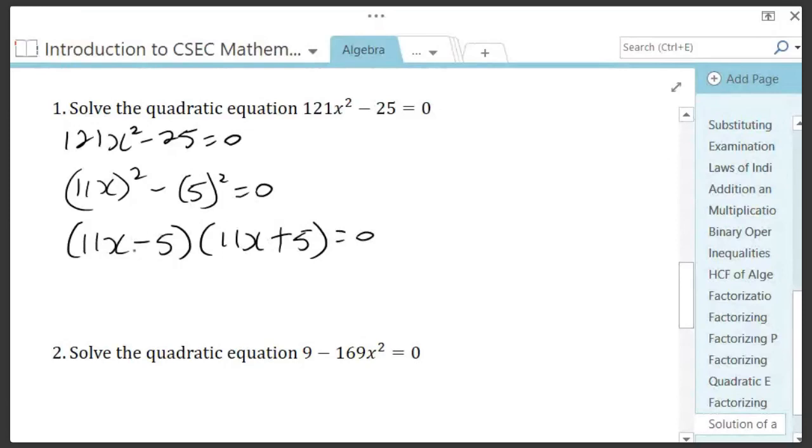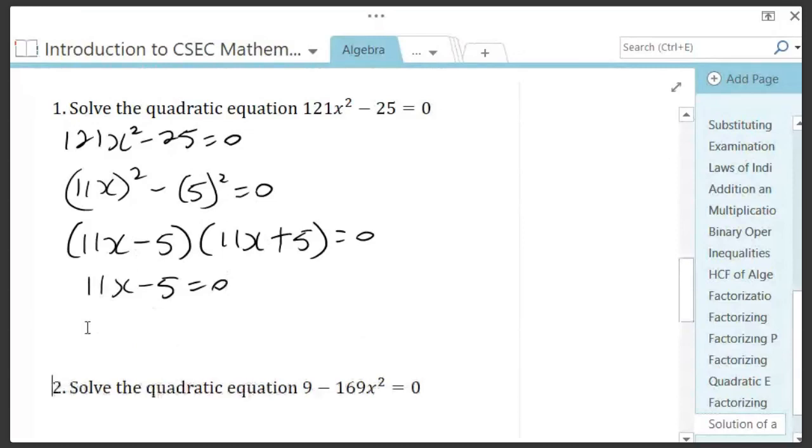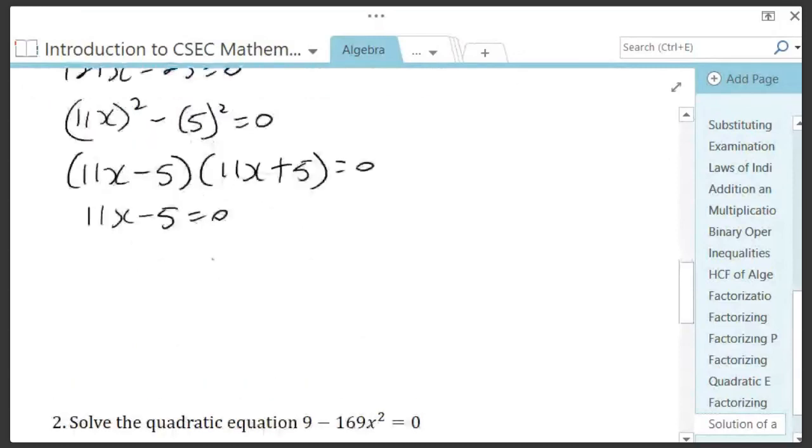Now, we place each of the conjugates equal to 0 and we solve for x. So 11x here is equal to 5, divide by 11, divide by 11. X here is equal to 5 over 11.